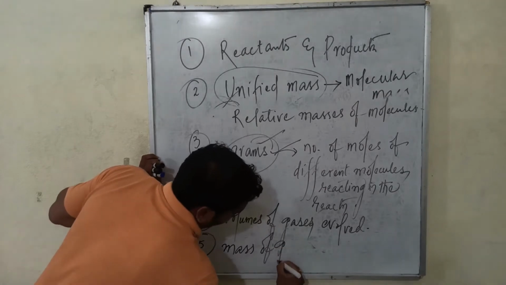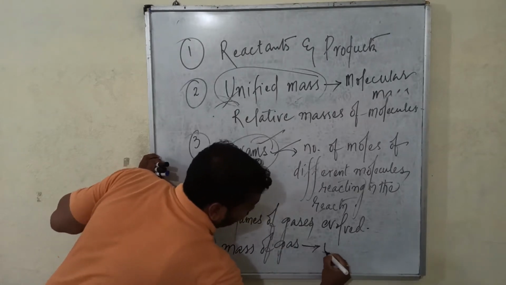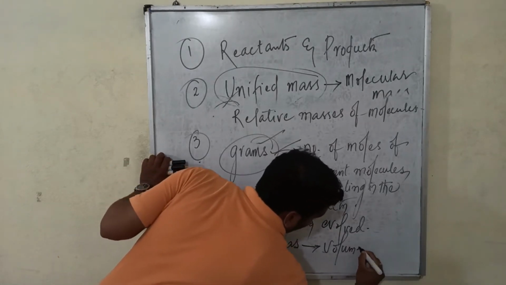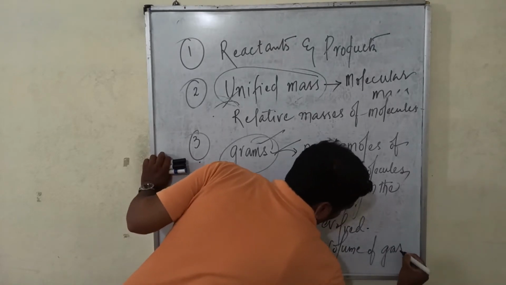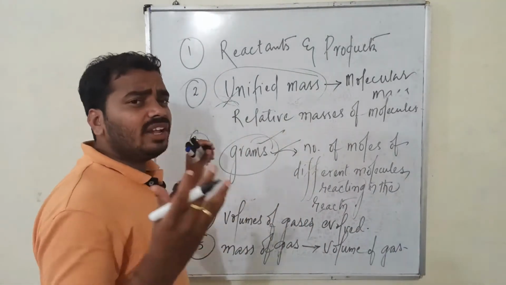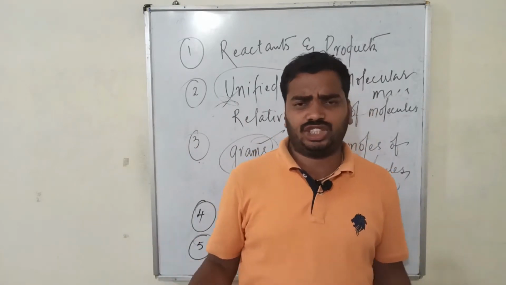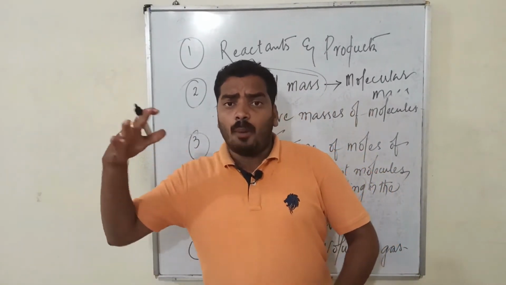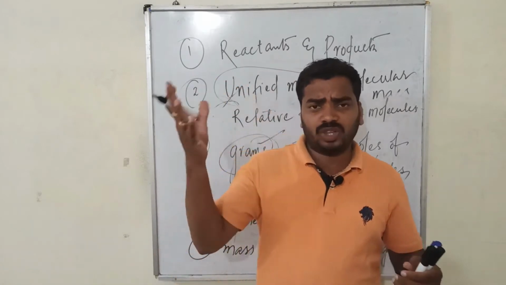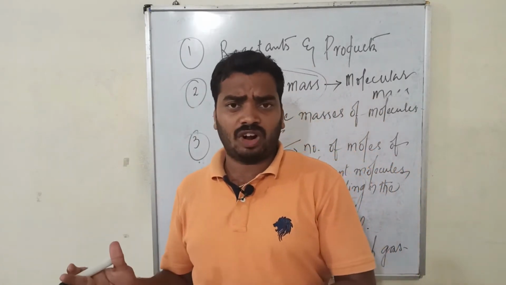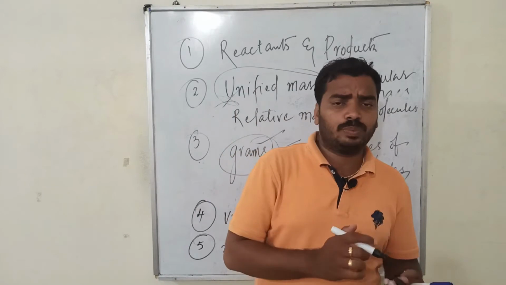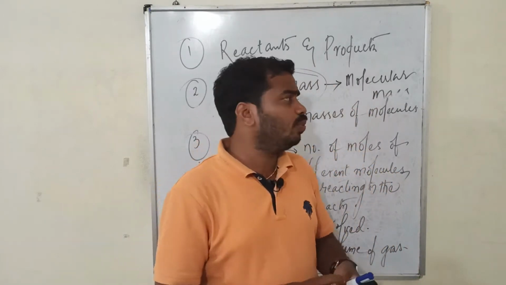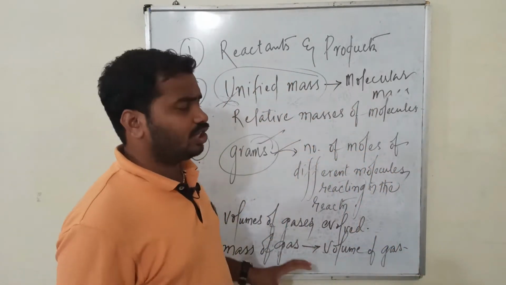If you know the mass of the gas, you can find out the volume of gas evolved. You can establish so many relationships: volume relationships, mass relationships, mole relationships. If something is reacting in some number of moles, how many moles would the other compound be? All these things you will find out through the equation.